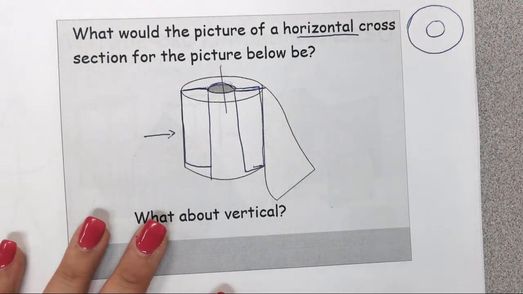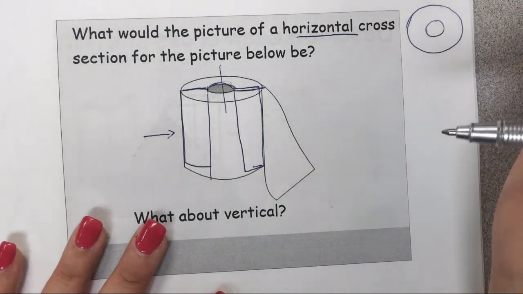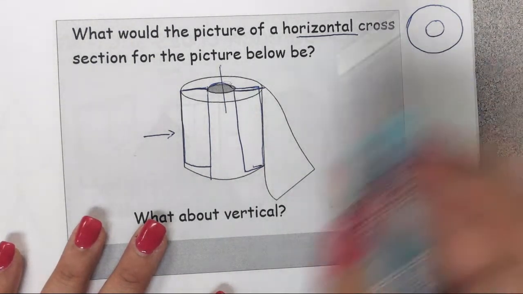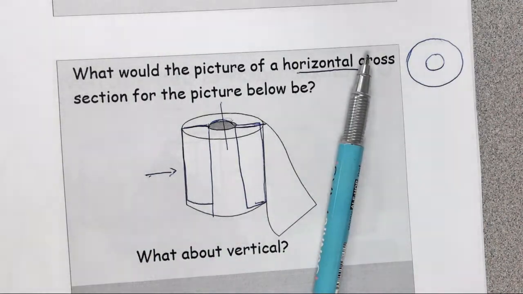A cross-section is if you intersect a plane and an object. So if I were to cut this roll, chop it off with a knife, and it came off, what would you then see? Wouldn't you agree you would see this and this? A donut.